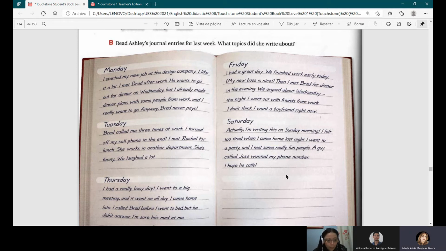William, can you identify the verb? The verb that Marta mentioned is went, and the base form is go. Very, very good. And now you can read what you wrote, William.